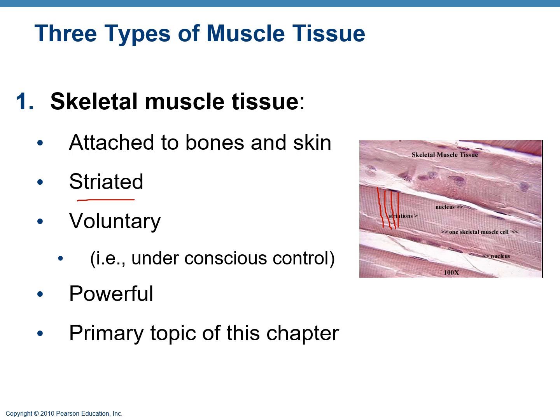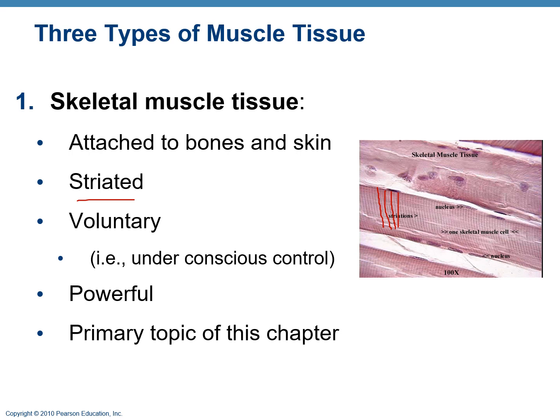Those striations are actually only seen when you apply a stain, right? When you put some dye on a thin section of tissue. What that is, it's a heavy accumulation of dye where the myosin and the actin, the contractile fibers of the muscle, overlap. So you see a dark and then a light.